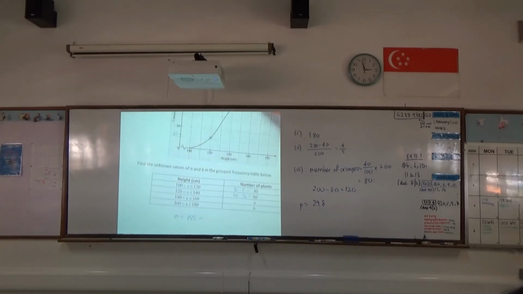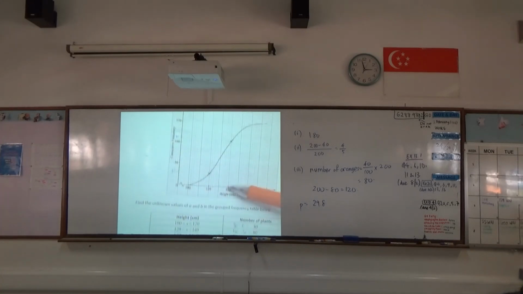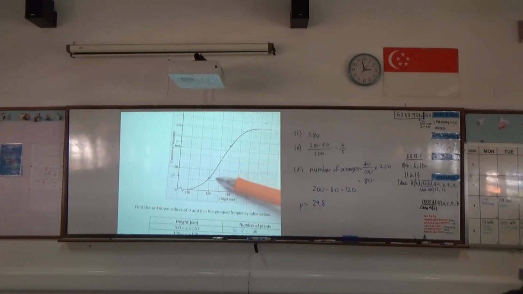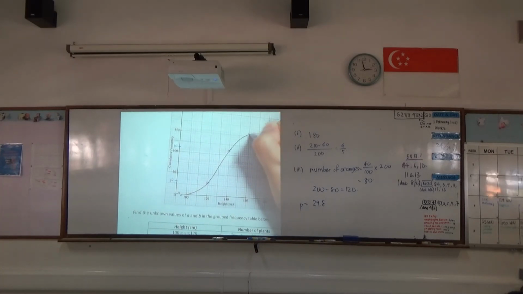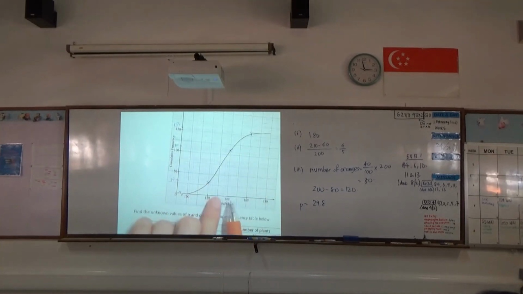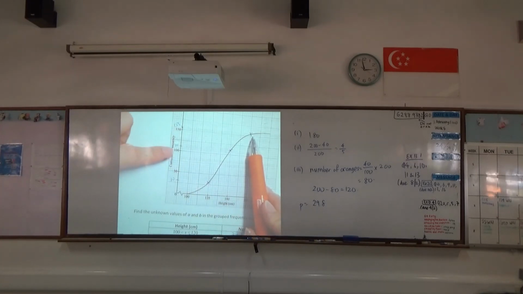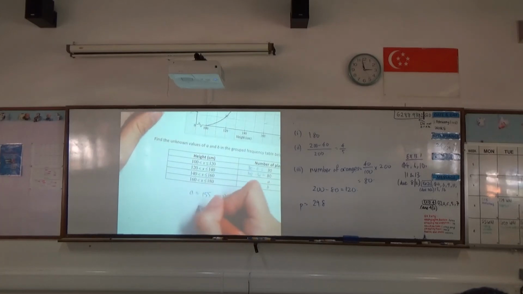Why do you want to do that? We just now did our 80 by taking 110 minus away 30, right? So I can just take my reading here at 155, because I'm looking at between 140 to 160. So I take 155 minus away 110, and we get 45.